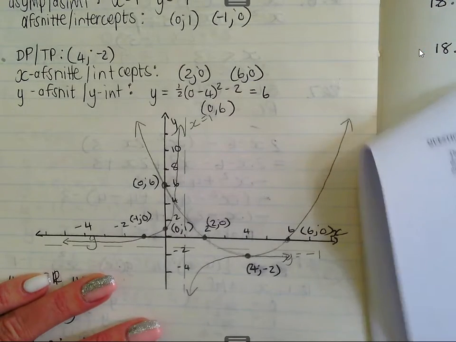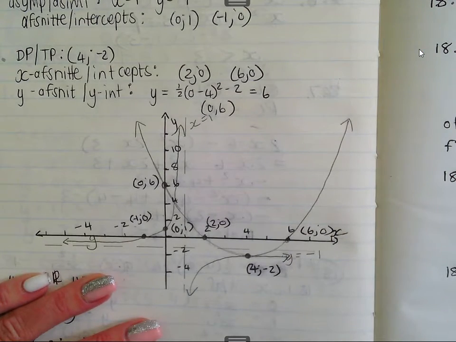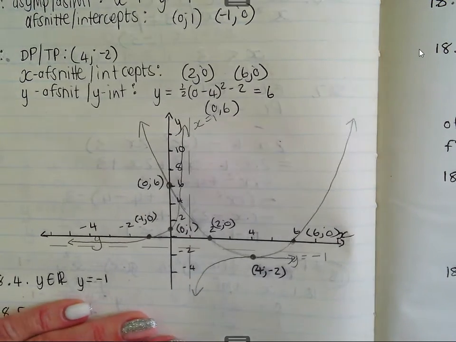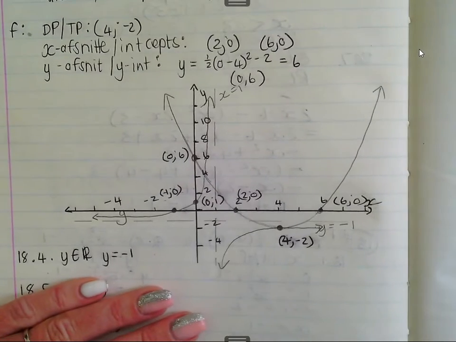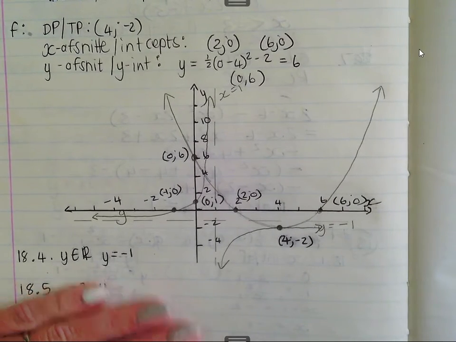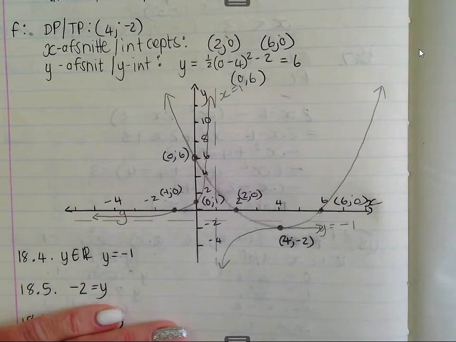Okay. Then the next one, write down the range of g. g is the hyperbola. So it's y is an element of the real numbers, and then you exclude the asymptote, y not equal to -1. What is the minimum value of f(x)? You can say y equal to -2.